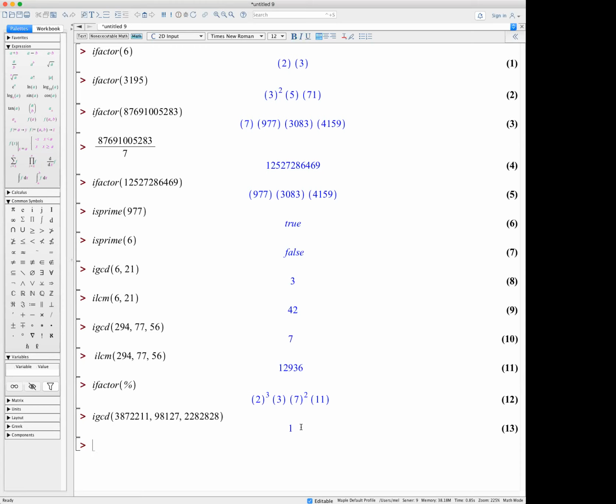There's no way to guess that that's the answer. There's a way to compute this, of course, using the Euclidean algorithm. You find the greatest common divisor of the first two and take the greatest common divisor of that with the third. But Maple gives it to you in less than a second, obviously.